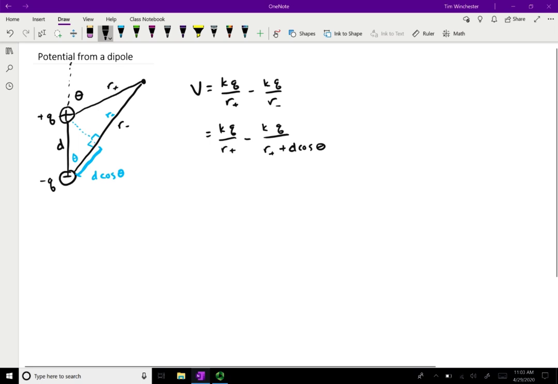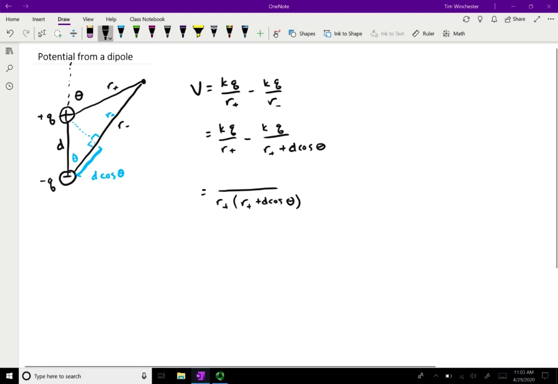Next, I'm going to use regular fraction rules to combine the two terms. I'm going to find a common denominator, which is going to be r plus times r plus d cosine theta.